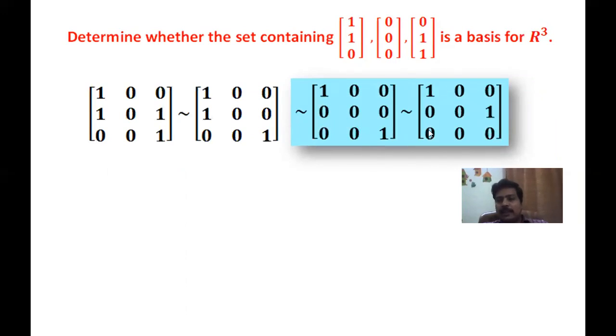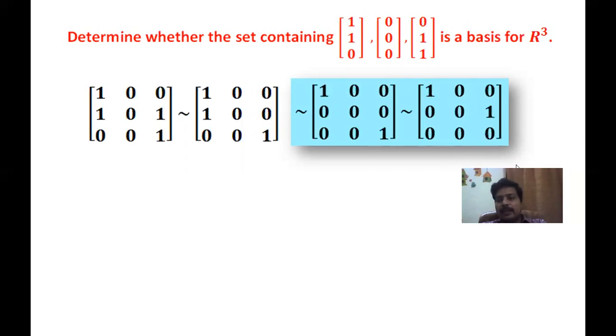So now the last one is in echelon form and even in reduced echelon form. For these problems, echelon form is enough for us. So now this is in echelon form.